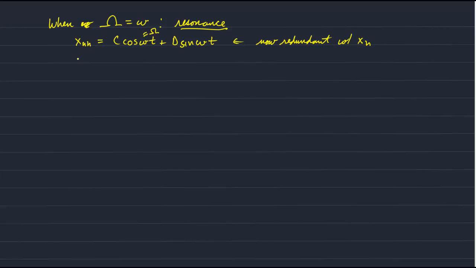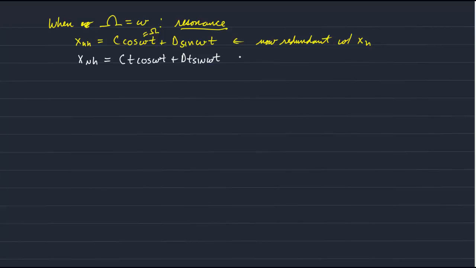So we have to multiply our non-homogeneous solution by the lowest power of t that removes the redundancy. So we get c times t cosine omega t plus d t sine omega t.